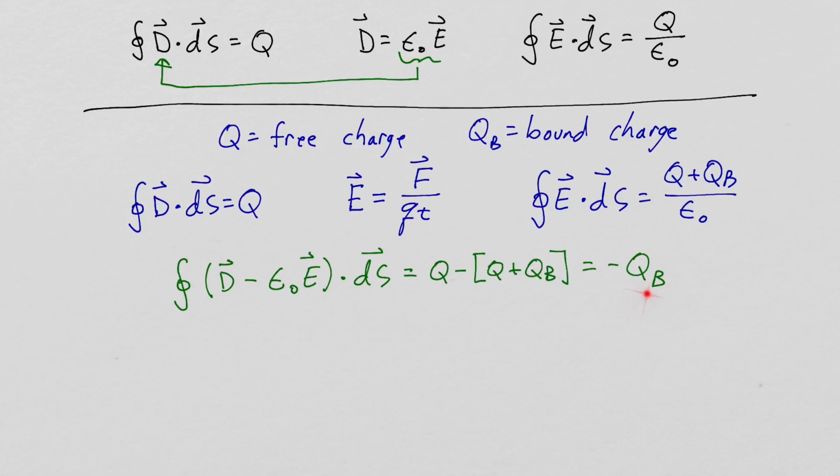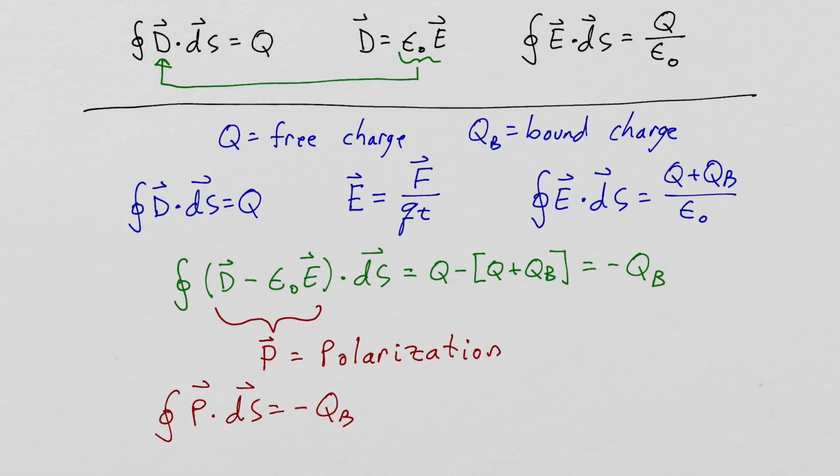We are going to identify this expression in parentheses as that third field, which is called the polarization, and its symbol is uppercase P. With that identification, we have our third Gauss-like law: the integral of P dot dS around a closed surface is equal to minus the bound charge enclosed.